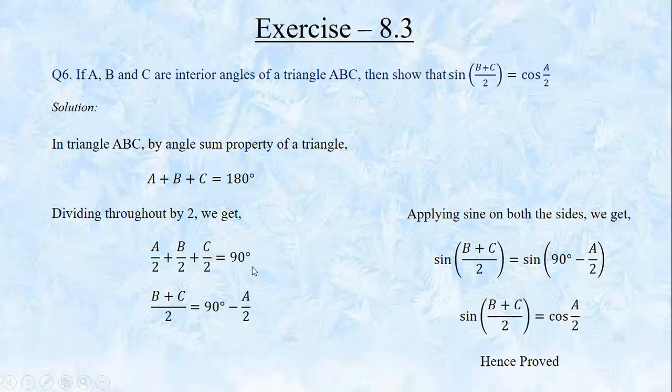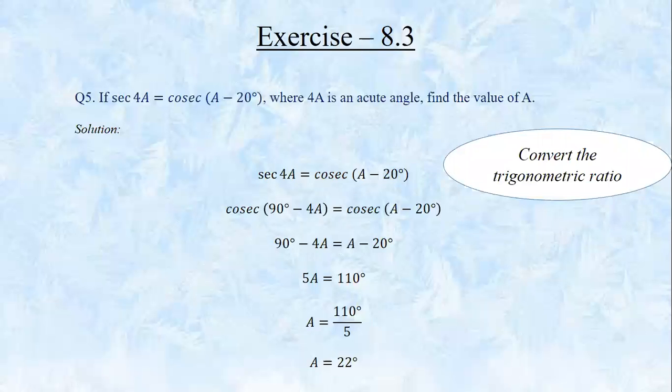In the proof, we have B plus C on one side and A on the other side. So let us take A by 2 to the other side. B plus C by 2 is equal to 90 minus A by 2. Now, just let us see the previous question once. Here, the same trigonometric ratios were equal. So we equate the angles.